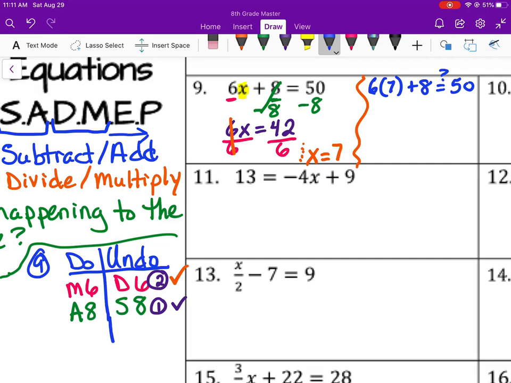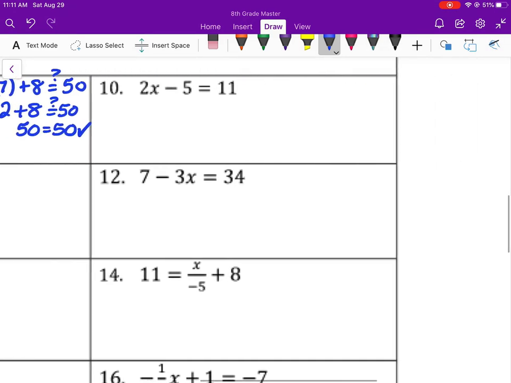Obviously, when we're doing notes, we're doing it right. So it seems kind of silly, but you have to get in the habit so that you can make sure you do it right next time. So we've got 42 plus 8, question mark equals 50. So 50 equals 50. Check and a box.